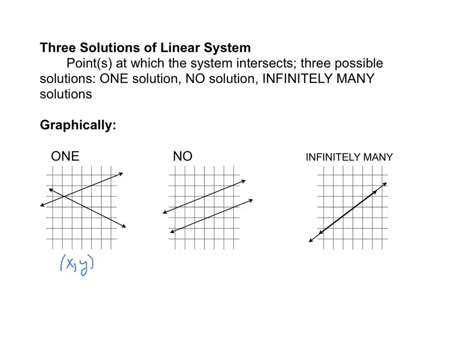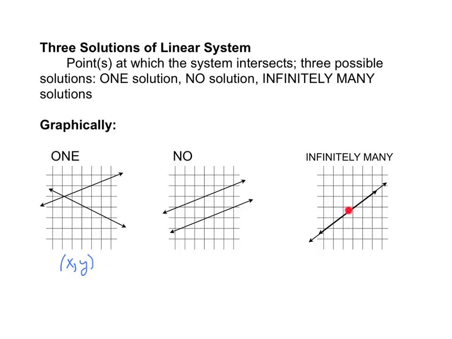Another type of answer would be if the lines never cross because they're parallel. We would say that there's no solution to the system because they don't cross or meet at all, so no solution. If the two lines actually graph one on top of the other, it means that all the points are in common, so infinitely many solutions is possible for that system.